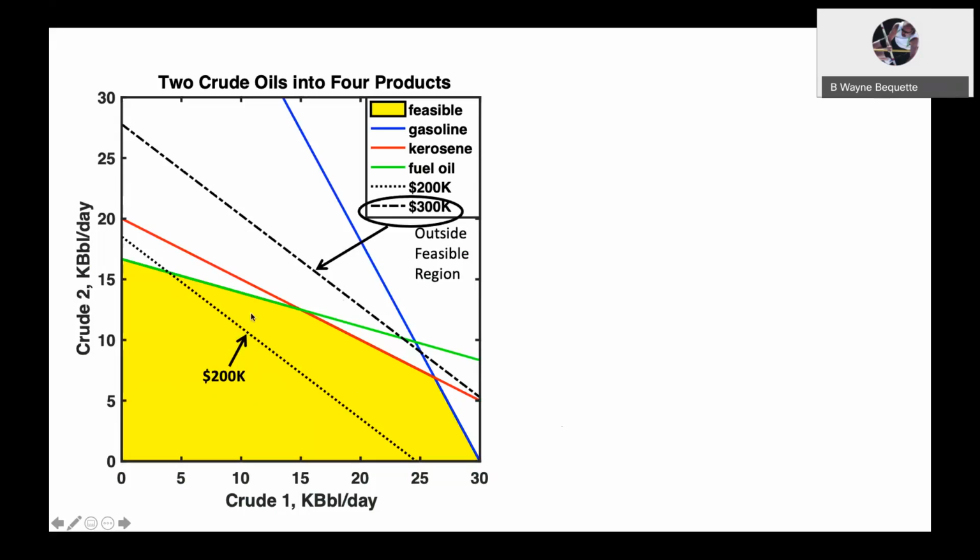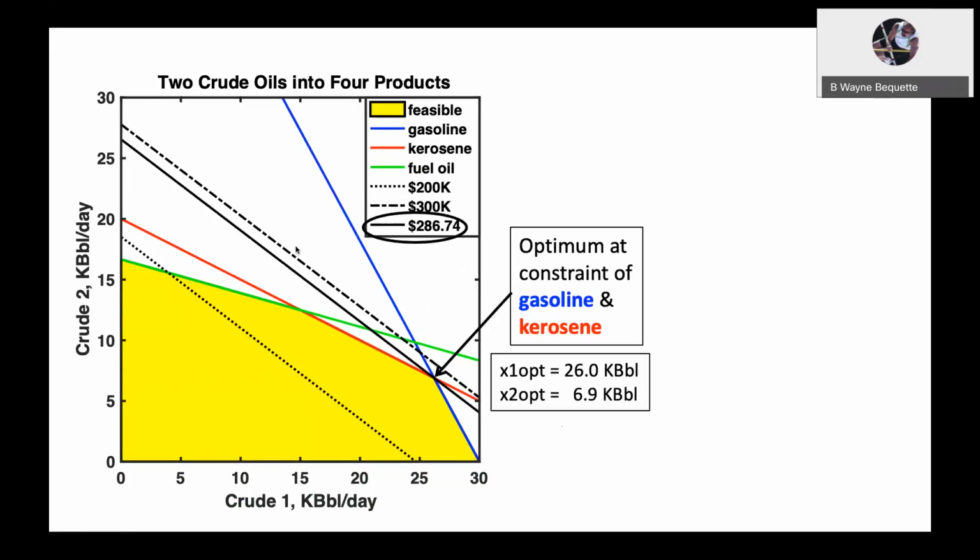So we need a constant revenue line parallel to the $200,000 and $300,000 lines that still satisfies the feasible region, but we want the maximum value for that operating line. When you go through this, what you find as you move between the $200,000 and $300,000 is an operating line of $286,000 is what just satisfies this constraint.